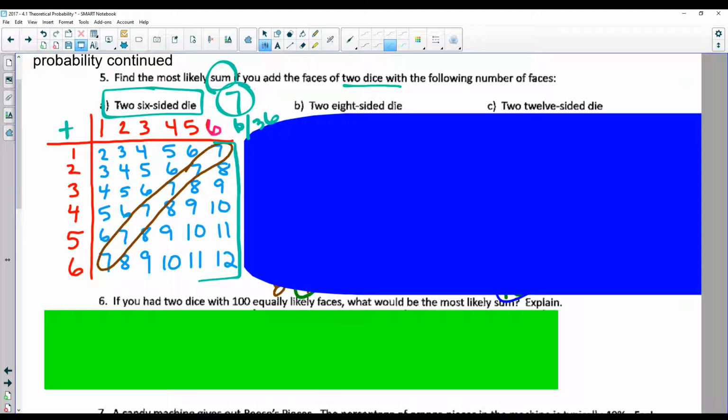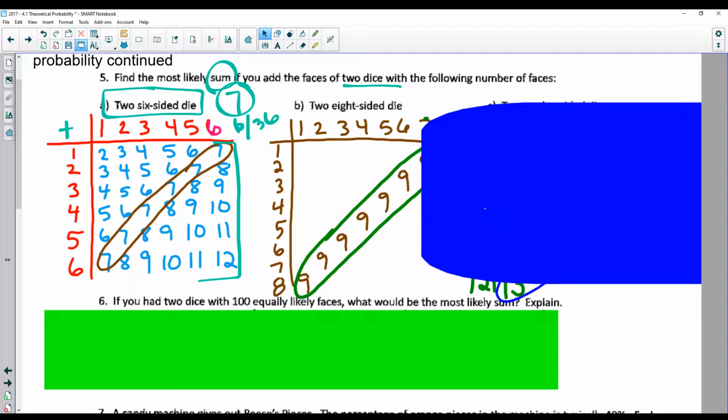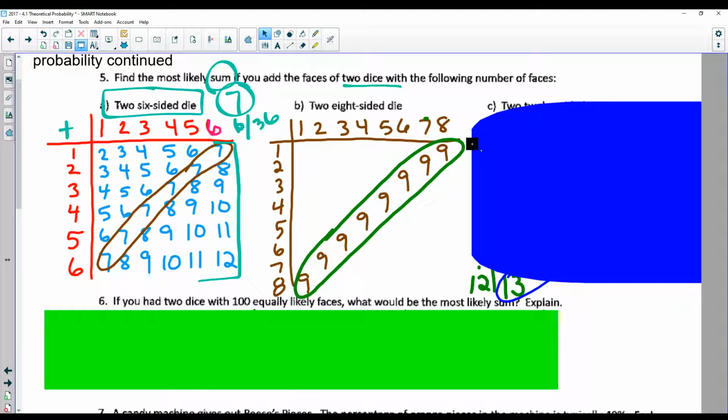All right, so you can see what's going to happen here with two 8-sided dice. If you set this up, the number on the diagonal would be a 9. You would find out that you're 8 and 1, 7 and 2, 3 and 6. This would end up being your most common result. So two 8-sided dice means that your most common result would be a 9.